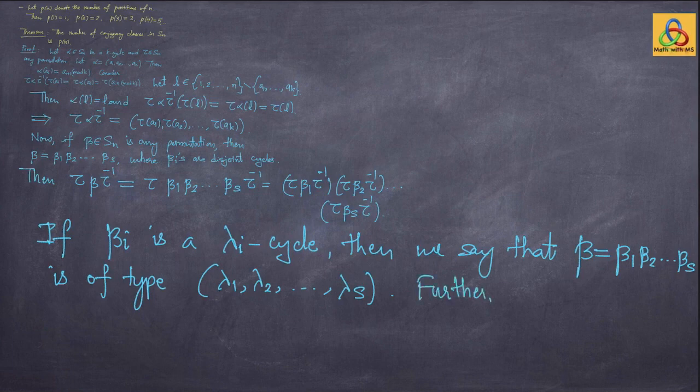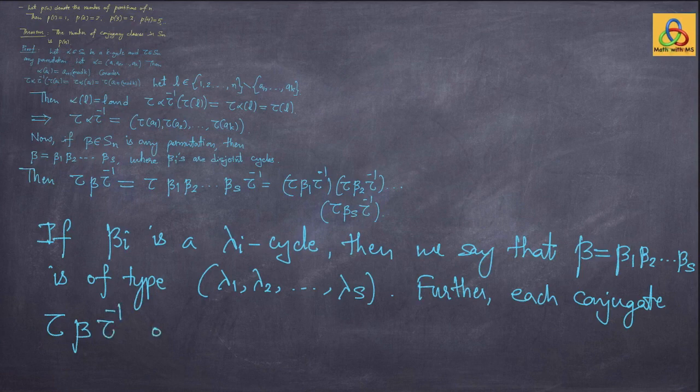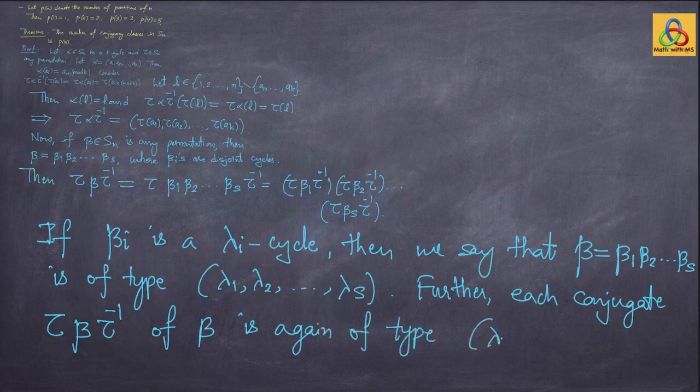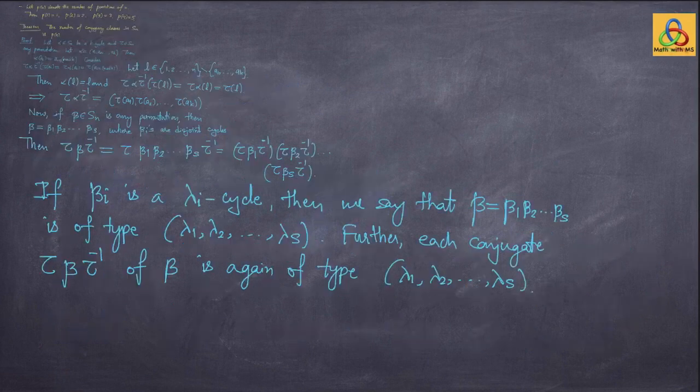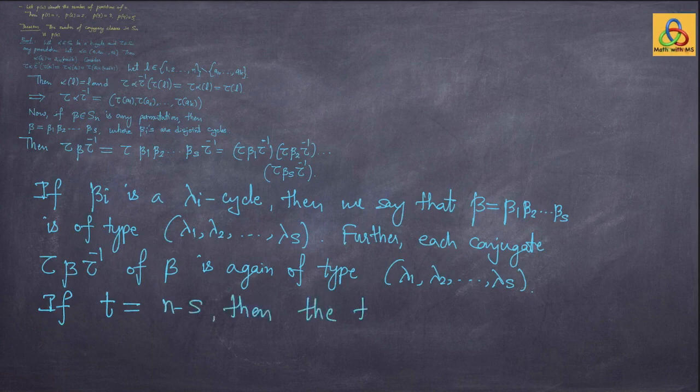Further, each conjugate of beta, tau beta tau inverse, is again of type lambda 1, lambda 2, and so on lambda s.